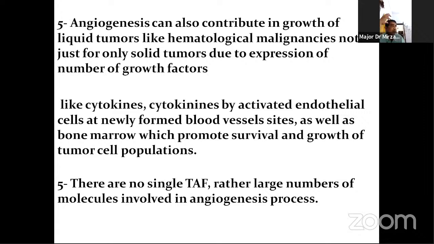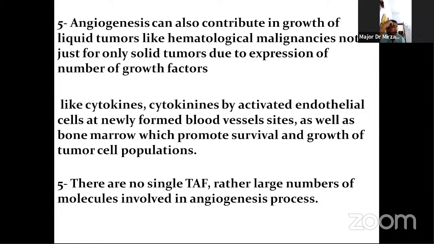So anti-angiogenesis drugs are not helpful only in solid tumors, they are also helpful in hematological malignancies. This not only decreases the tumor cell mass or takes care of macrometastasis, but also inhibits distant metastasis. I'll explain how it happens.